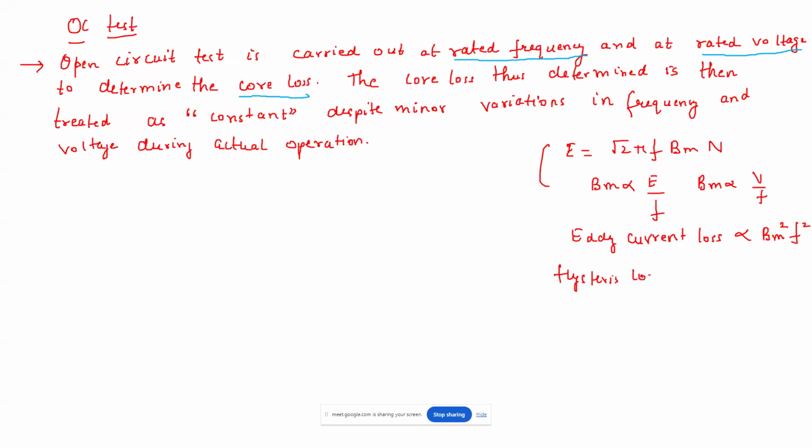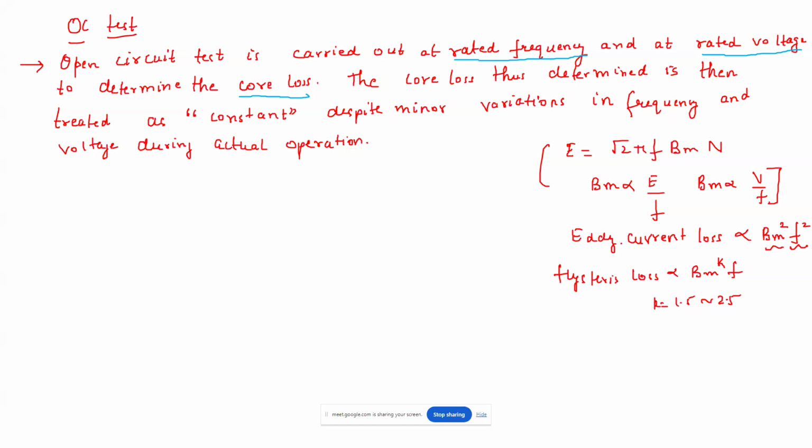Hysteresis loss is proportional to Bm to the power of the Steinmetz constant, which is taken from 1.5 to 2.5, into f. So there is Bm and there is f, and Bm is proportional to V by F.